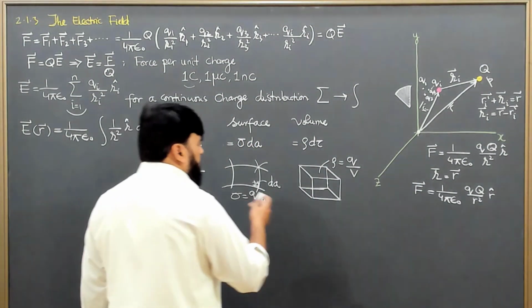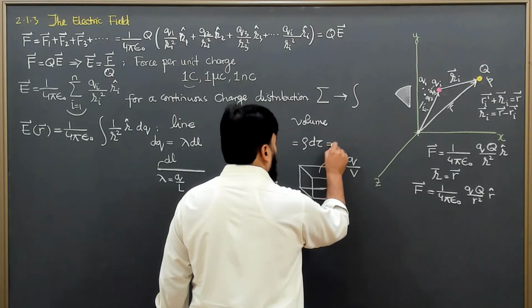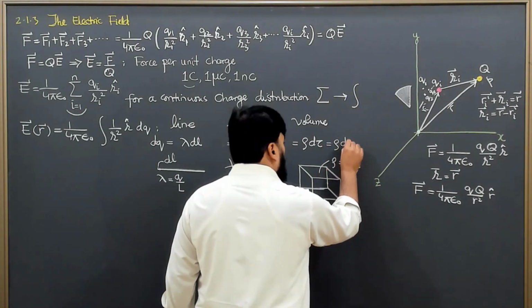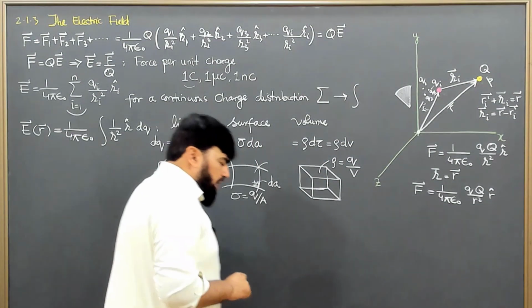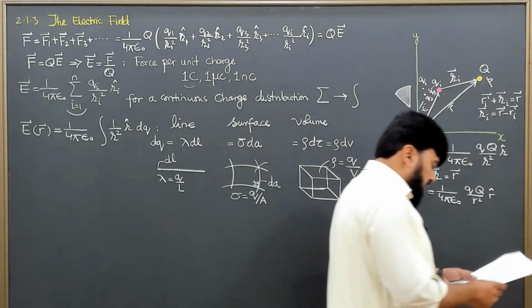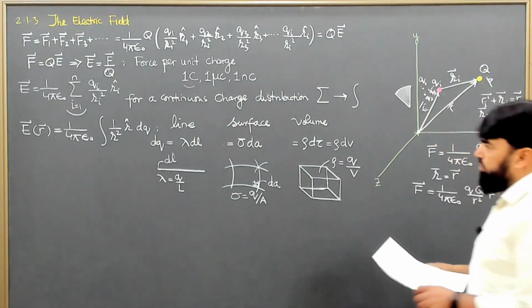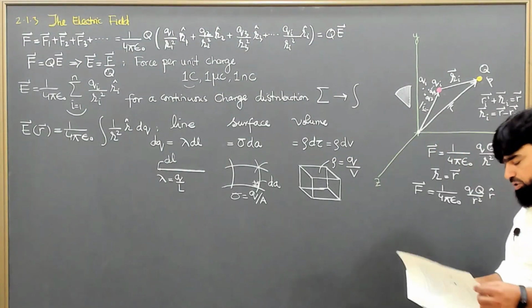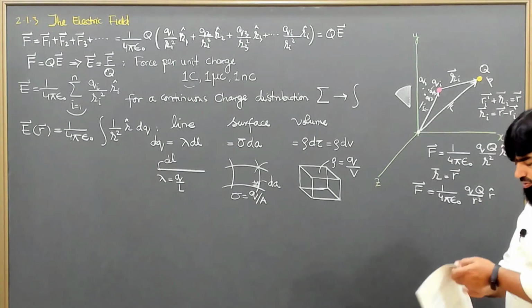While d tau we can write, sometimes we write dV, sometimes we write d tau for a fractional volume. And this way we will be able to find out the electric field.